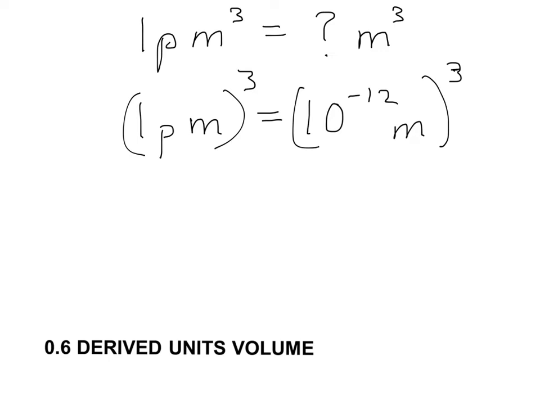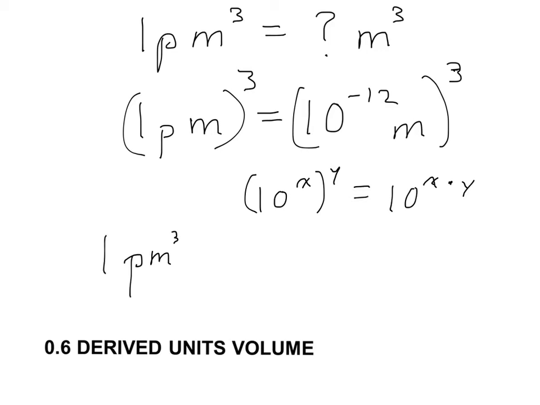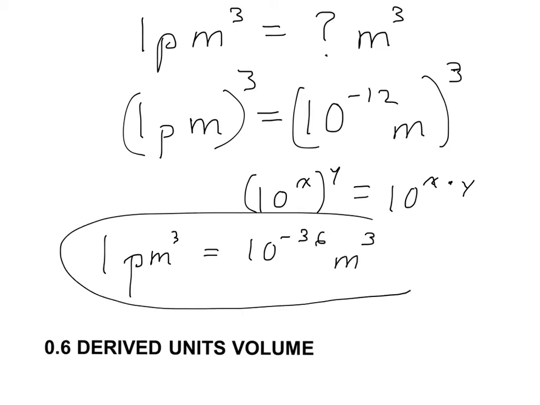In case you've forgotten, 10 to the x raised to the y power is 10 to the x times y power. So one cubic picometer would equal 10 to the negative 36 cubic meters.